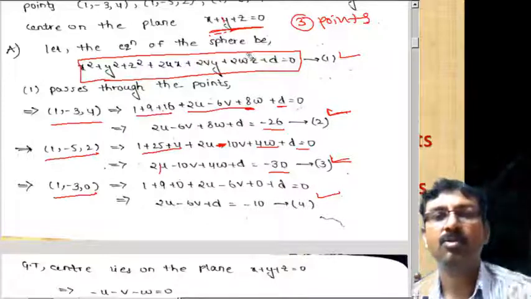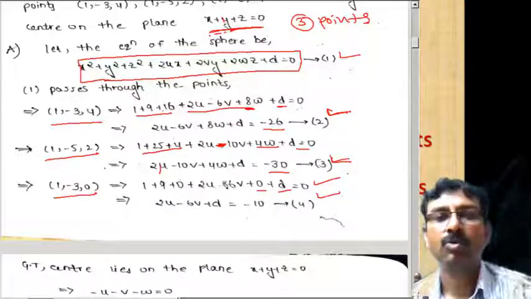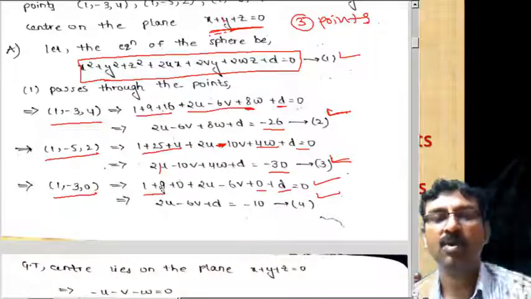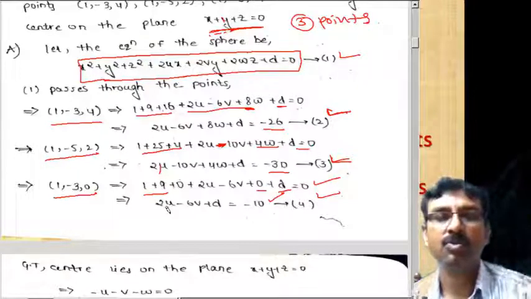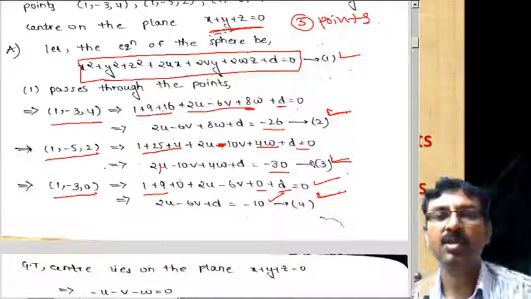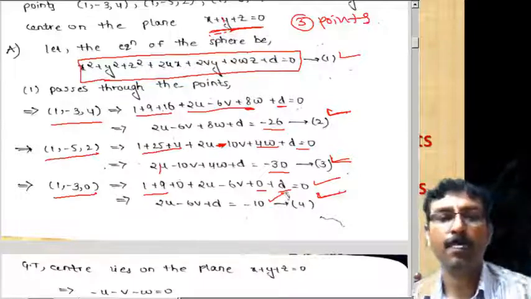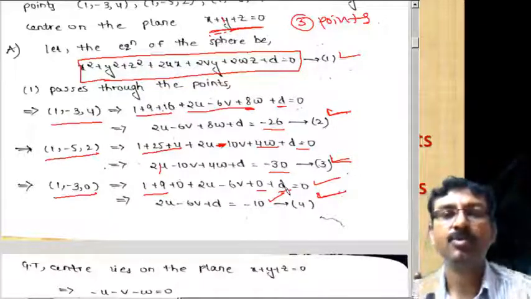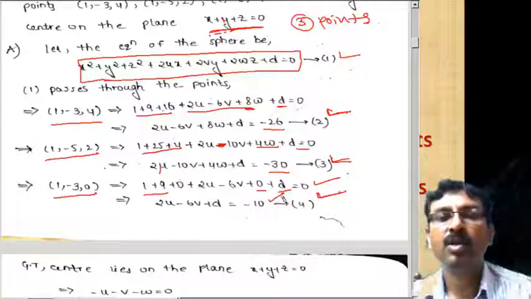Here z is 0, so 2wz became 0, plus d equal to 0. 2u minus 6v plus d, the constant terms are 1 plus 9, 10, shift to the right side, minus 10. So 2u minus 6v plus d equal to minus 10. So we have equation 2, equation 3 and equation 4. We need one more equation to solve for u, v, w, d.